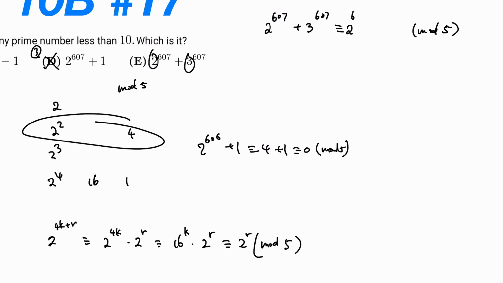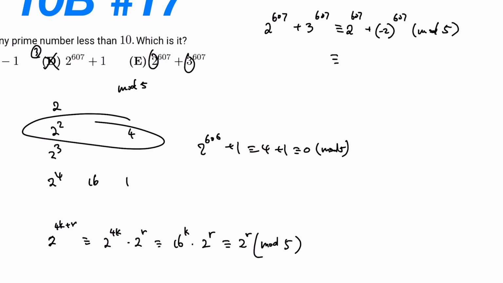And 2, we can just keep it like this, but 3 is also negative 2, because we just care about the remainder when it's divided by 5, so 3 is the same thing as negative 2. And that raised to the 607th power.